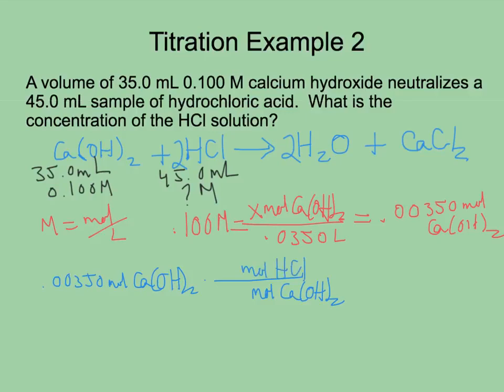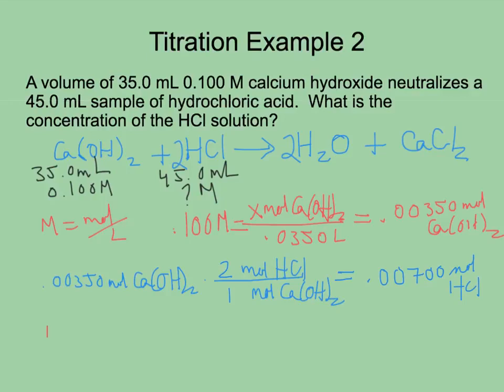And from the molar ratio from the equation, it's a 2 to 1. So I'll put 2 on top and 1 on the bottom. So that is equal to 0.00700 moles of HCl.